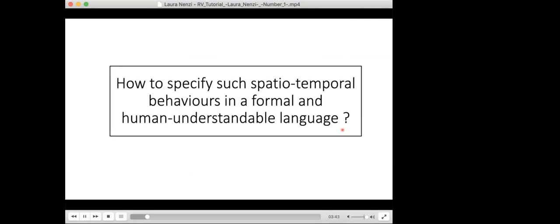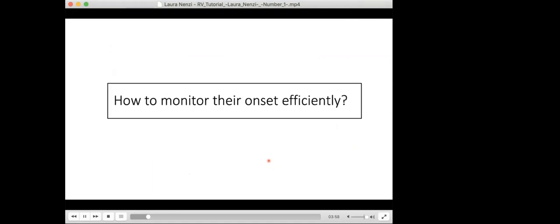So what we would like to ask today is how we can specify such temporal, spatio-temporal behavior in a formal and human understandable language. And also, when we have the specification, how to monitor it efficiently.